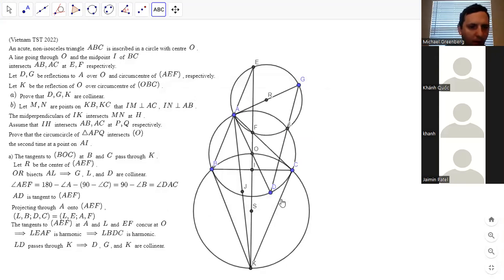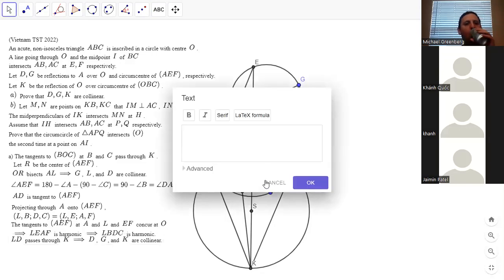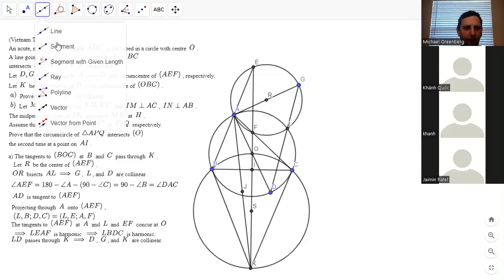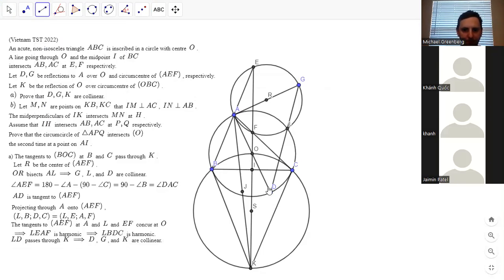And now for part B. So let's draw that segment in. Now we want to let M and N be points on KB and KC. Looks like Anmol just joined.